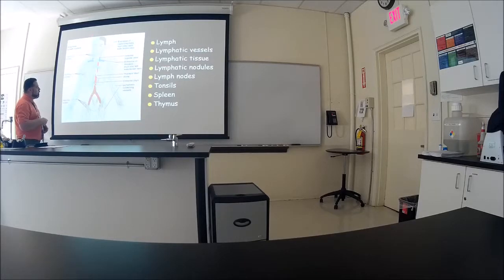Now, looking at this picture, I do want you to make note, and we're going to talk about this in a few moments, the way this system is set up. If you can notice that it's basically 75%, 25%. We have 25% that is going to appear as this area here being green. And that's going to be covering the right arm, the right side of the head, and the right torso.